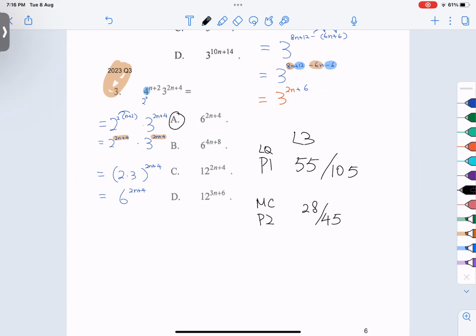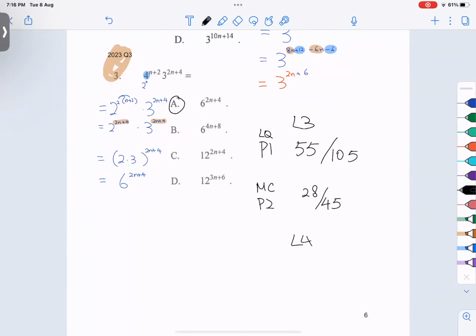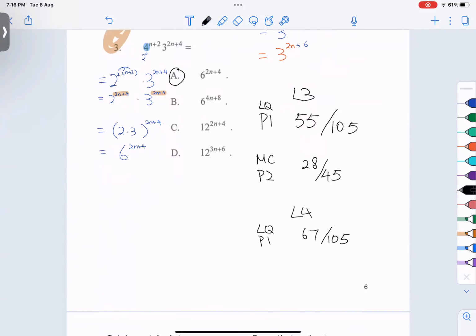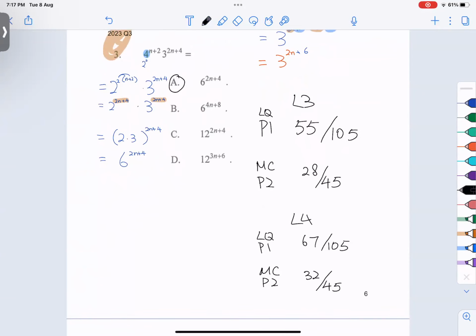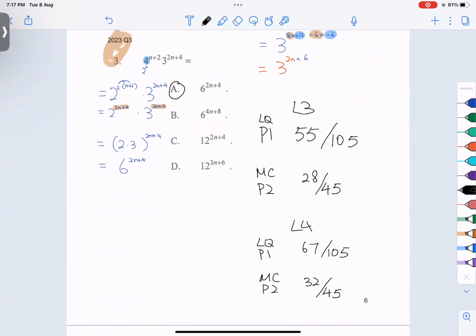How about level 4? Level 4, for long question, paper 1, you need around 67 marks. And then for MC, you need around 32 marks. It's achievable, yeah. You still have a few months, 200 days. That's a lot. It's still summer.